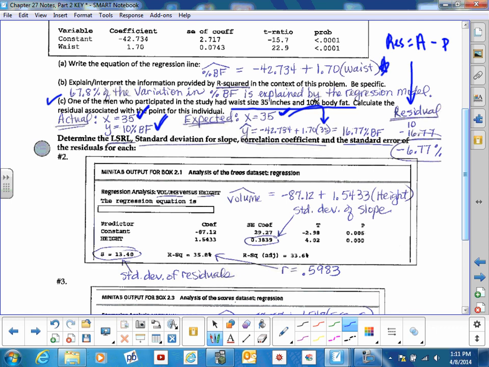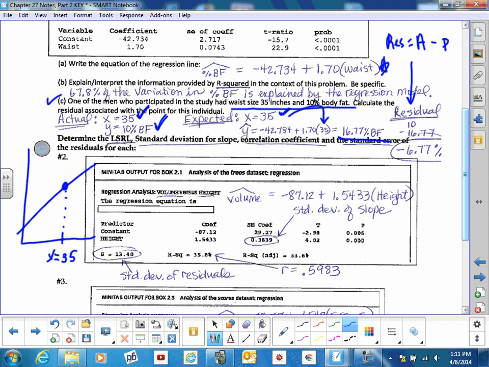Okay? So essentially, if you were to look at a picture of what's happening, here's what's going on. Here's the prediction line of the waist size. Here is X equals 35. I will plug 35 into the equation and come up with that value right there. And that value is 16.77% body fat.